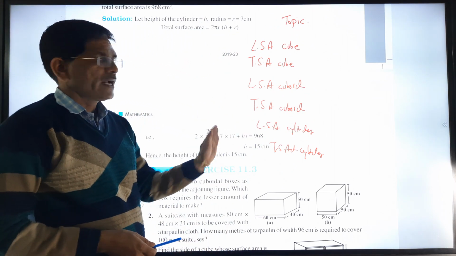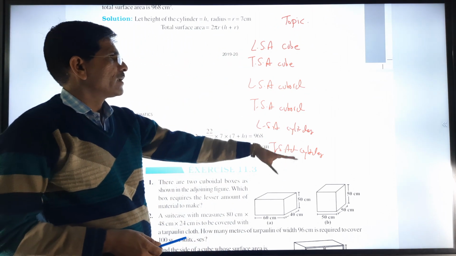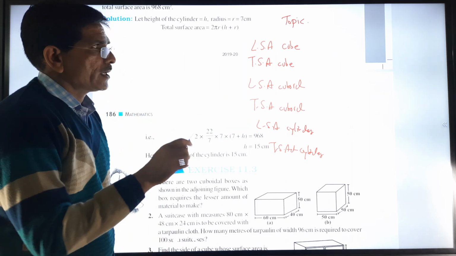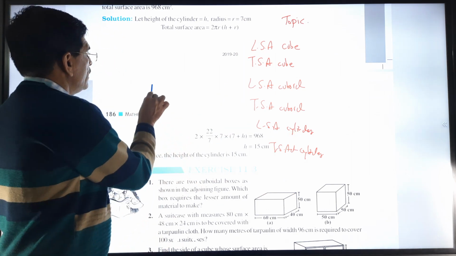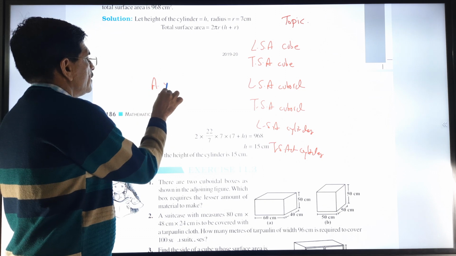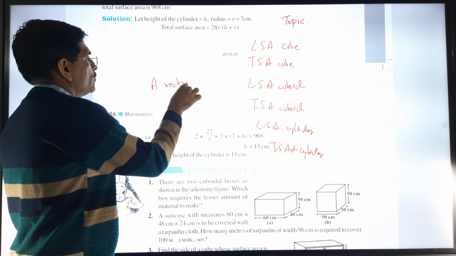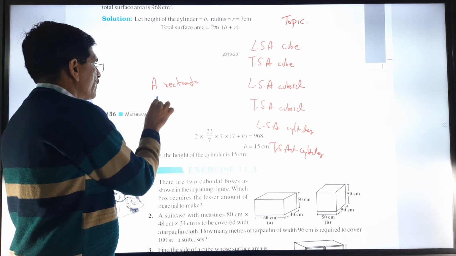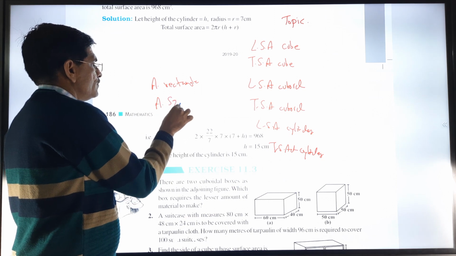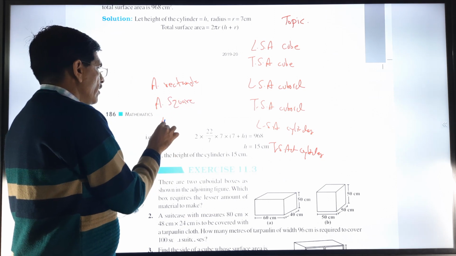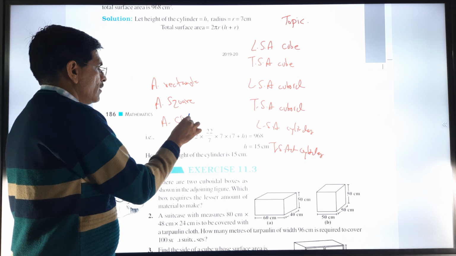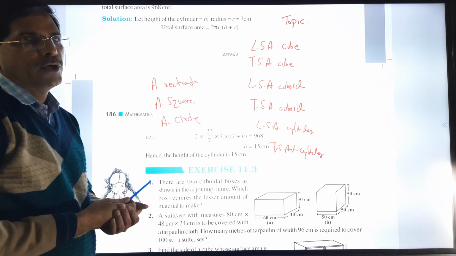So before we learn it, what formulas do you also have to learn? 2 dimension, that is area of rectangle. Area of rectangle you have to know, area of square you have to know, and area of circle, that you must know.